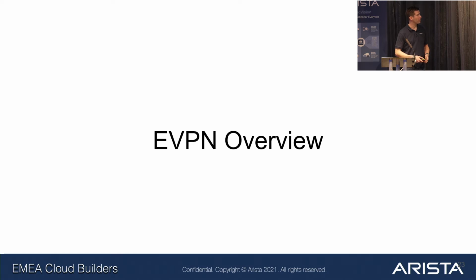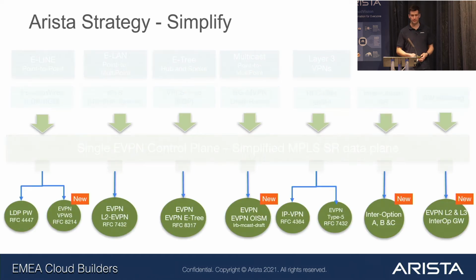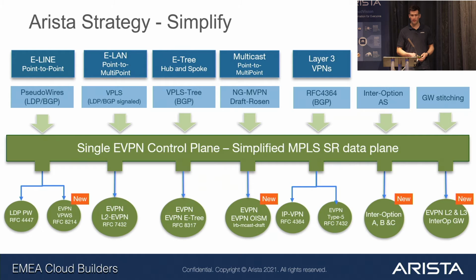So, of those 400 or 600 features, I should say, I've picked out a few that might be interesting to some people in the room. Lately, it seems to be EVPN, EVPN, EVPN. There's lots of new features being added over the last year or so. So why EVPN?